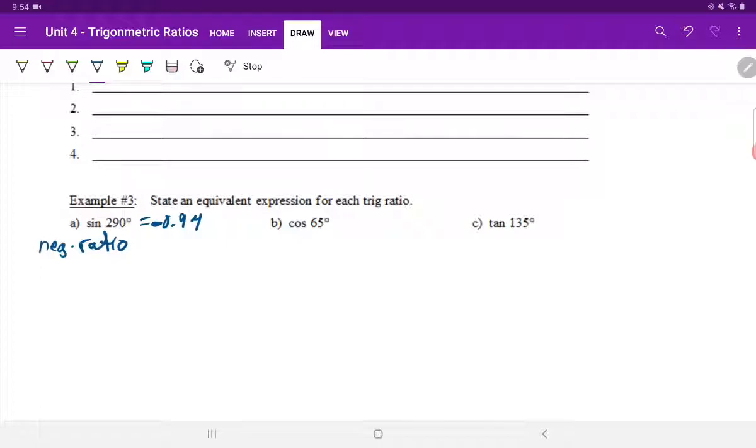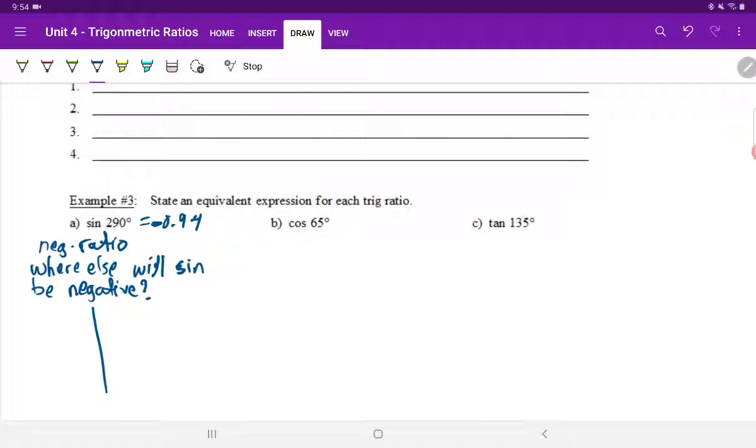When it asks for an equivalent expression, it's asking, in this case, where else will sine be negative? Because we got a negative ratio.